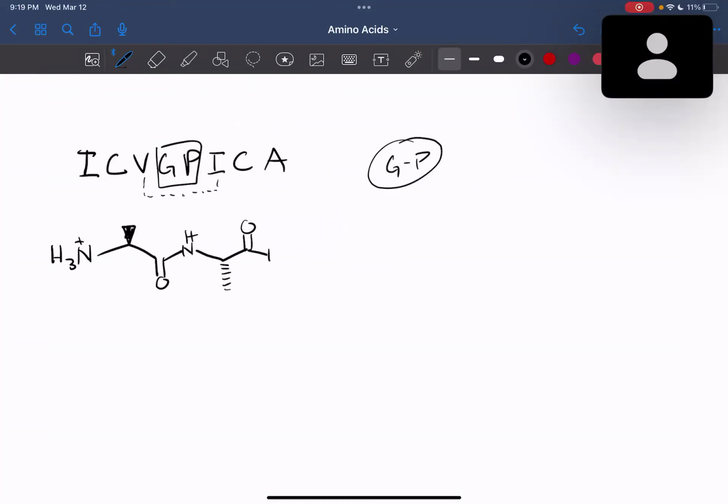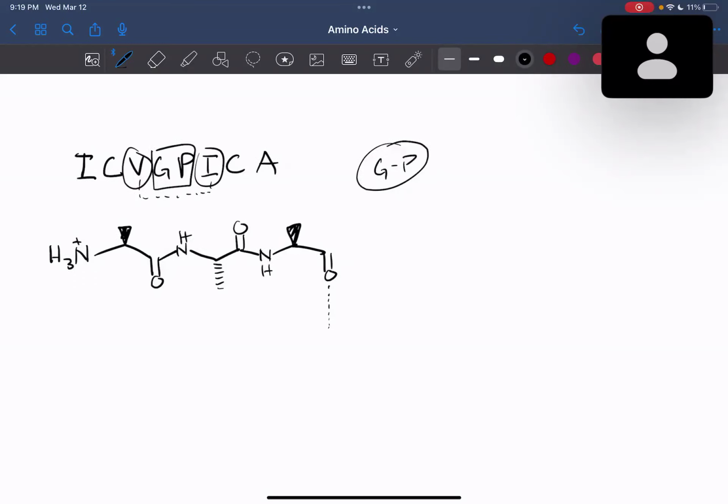Okay, now I'm on valine. So that means the carbonyl on valine, this guy is going to be the one that does the hydrogen bonding with isoleucine later. Okay, so these two. Now I'm going to do my pattern, my 10-membered ring.